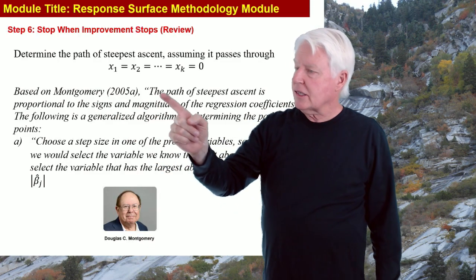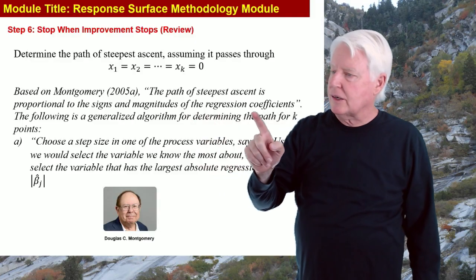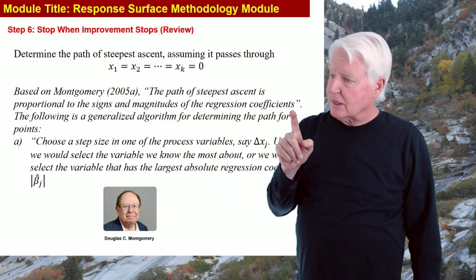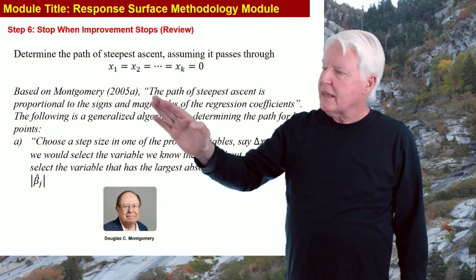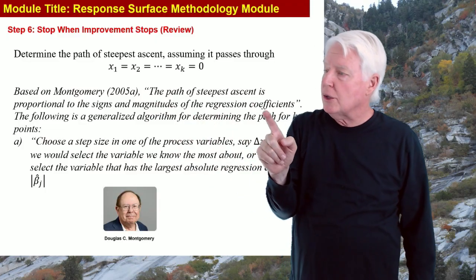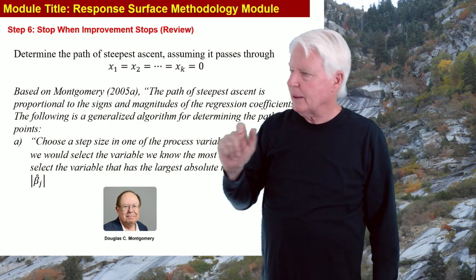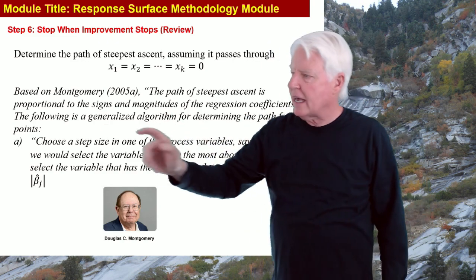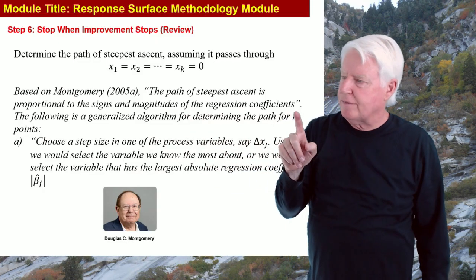Montgomery says the path of steepest ascent is proportional to the signs and magnitudes of regression coefficients. Remember, we used the 6 and 3, those regression coefficients? That's what he says you should use to find the steepest ascent. Let me read that again. The path of steepest ascent is proportional to the signs and magnitudes of the regression coefficients.